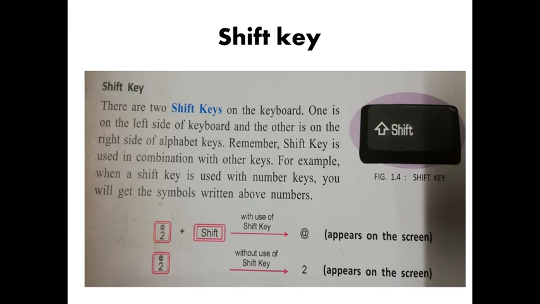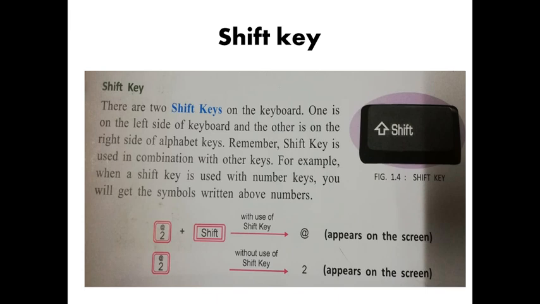One shift key is on the left side of the keyboard and the other is on the right side of the alphabet keys. Yes, correct. Can you see? Remember, the shift key is used in combination with other keys. Almost always we use the shift key and control key. For example, when the shift key is used with a number key, you will get the symbols written above the numbers. See, if you press 2, normally you will get 2.